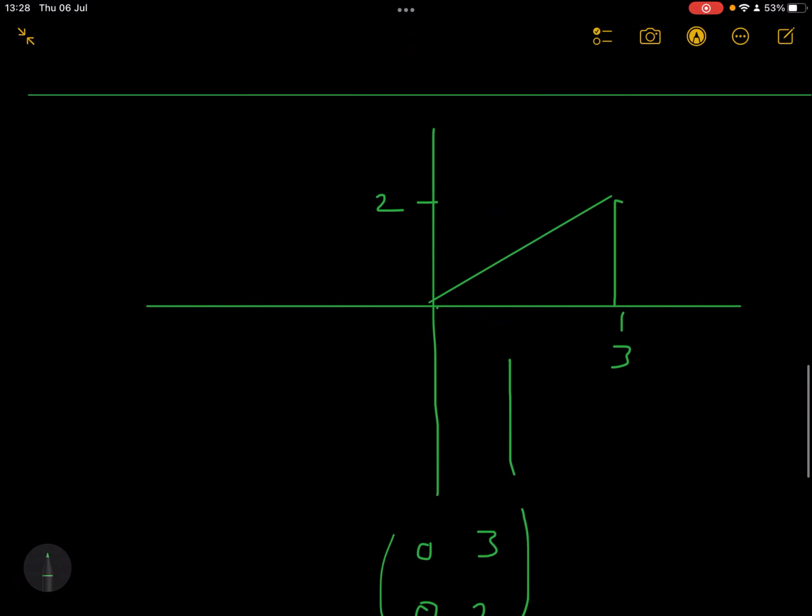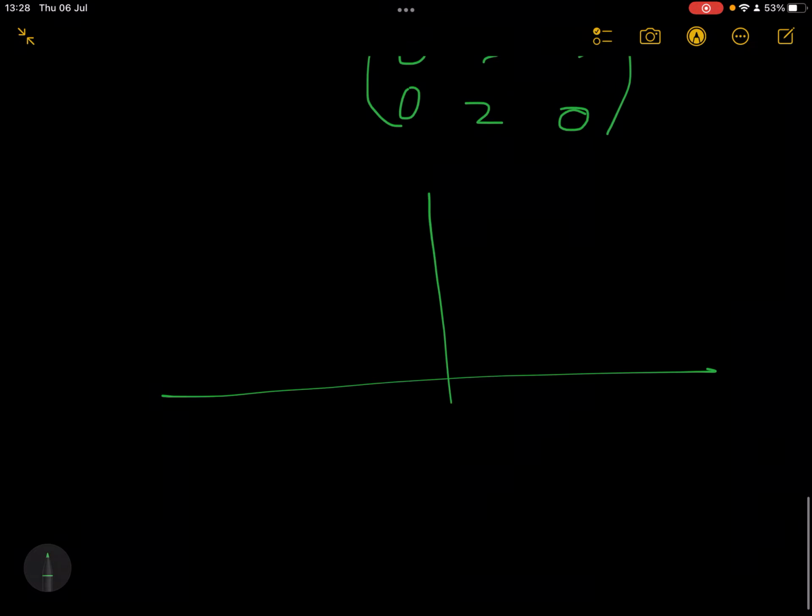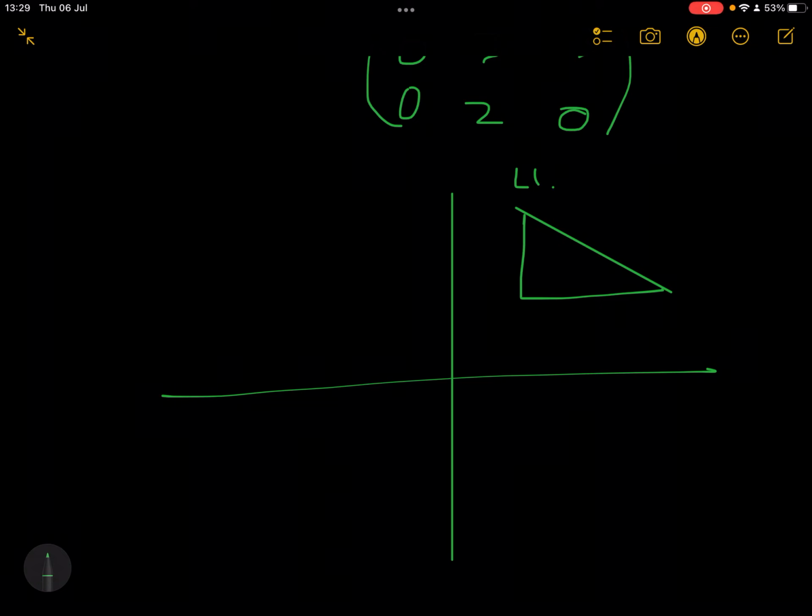Okay, let's say now we have a random point that we pick on the Cartesian plane. It doesn't look like a Cartesian plane, but anyway, let's say we have our triangle there. Let's say we know that this point is (1, 3), this one is (3, 1), and this one is (1, 1). Those are the x and y values.